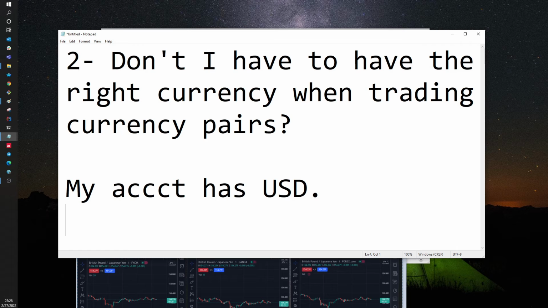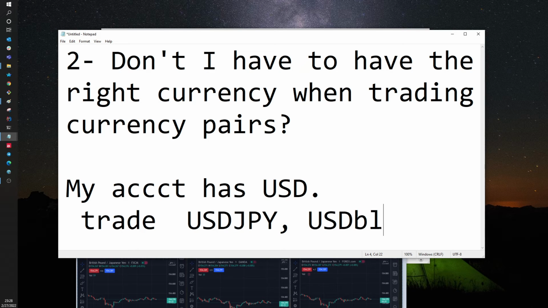Must I trade something like USD, JPY, whatever? The answer is no. You can trade any currency pair. It has nothing to do with what you have in your account.